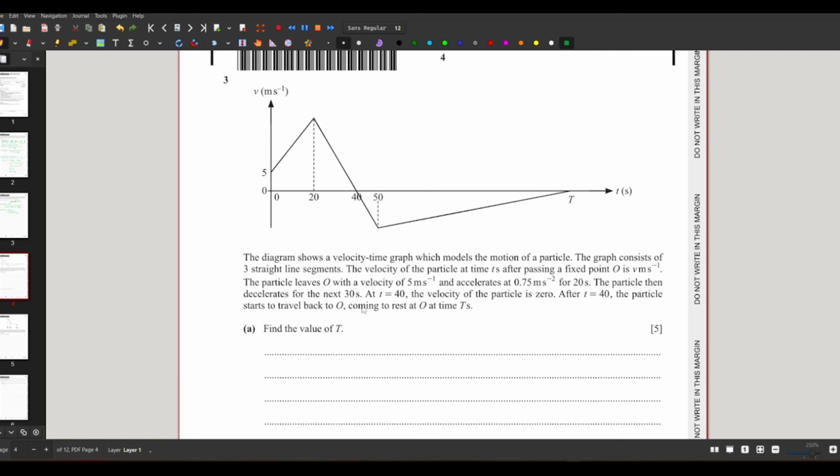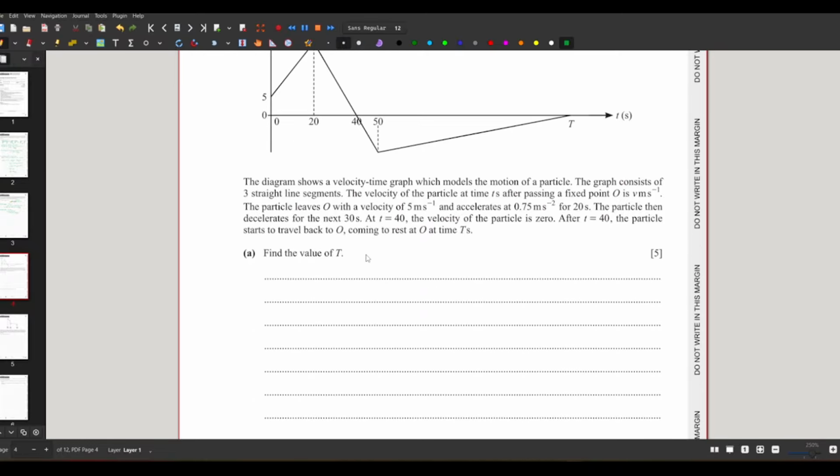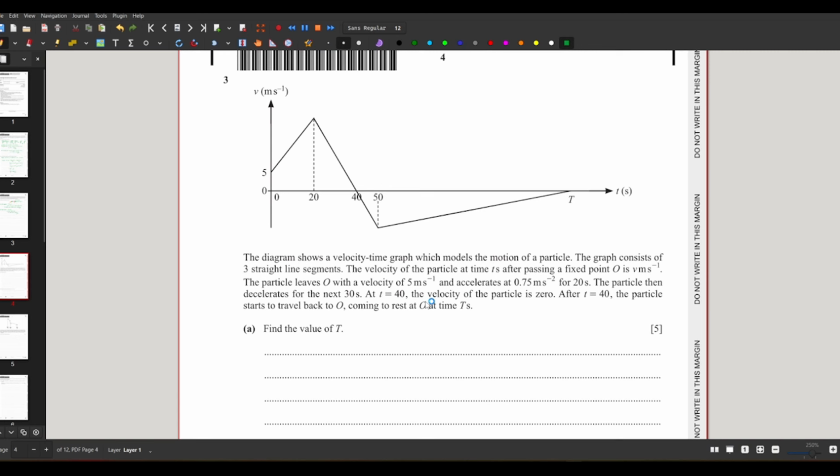The graph above the x-axis is the forward motion, and the graph below the x-axis is the backward motion. So the first part is to find the value of T. In order to find the value of T, what can we do here?